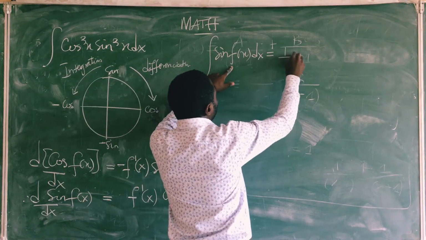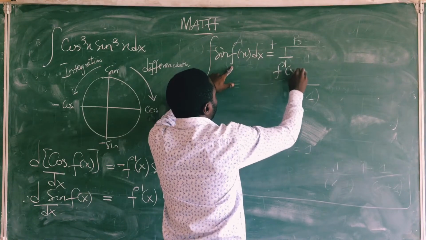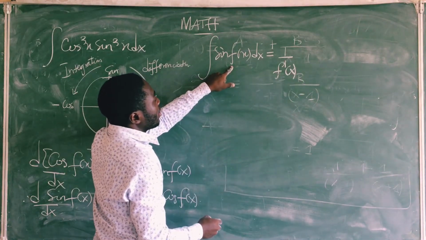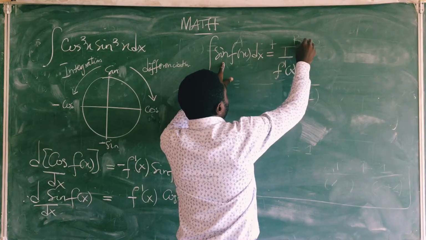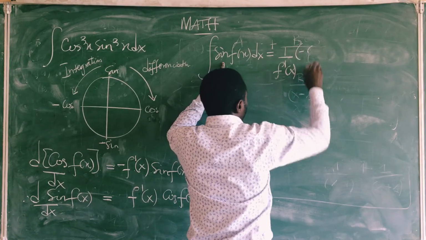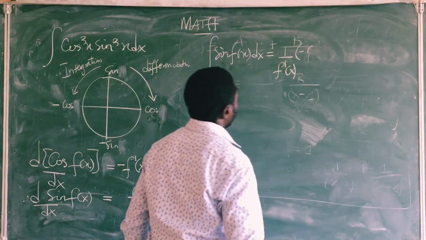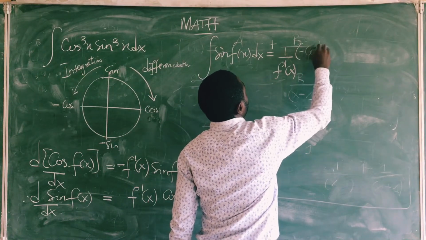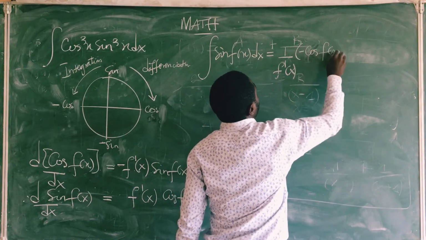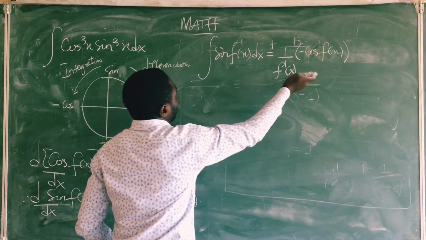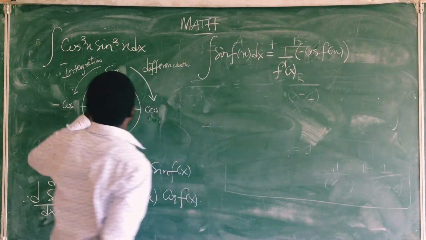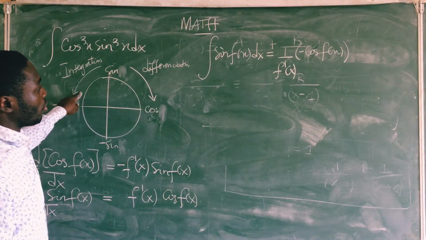You rather divide. So I'm going to have 1 on f prime of x times negative cos f of x. So when you integrate, you divide by the derivative of the function and multiply by the integral of the trigonometric function.